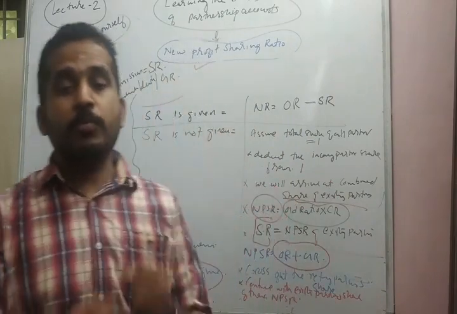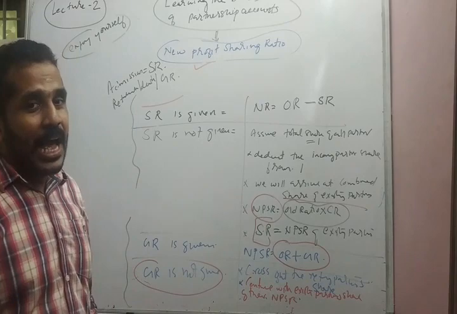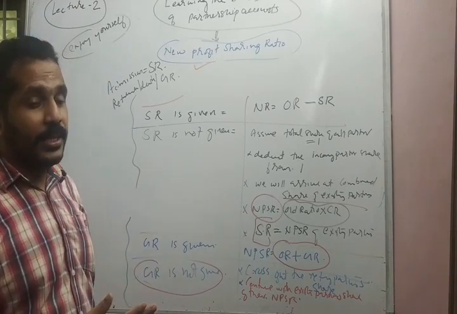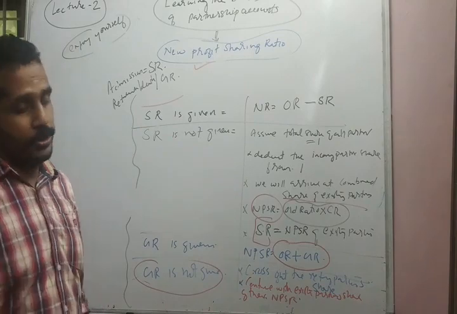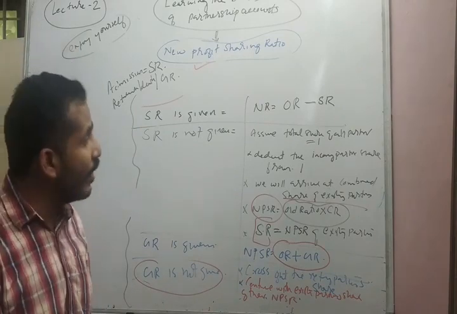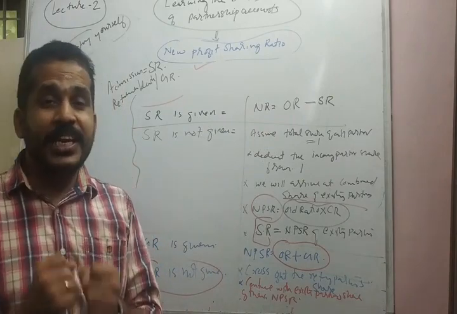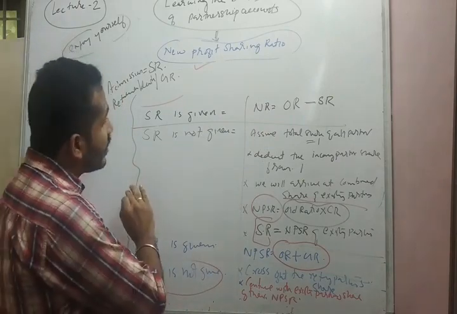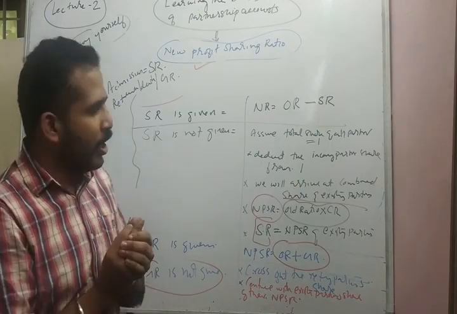And while computing the new profit sharing ratio, sacrificing ratio and gaining ratio, we should analyze, in the case of admission, whether the sacrificing ratio is given or not. If the sacrificing ratio is given, then the new profit sharing ratio is old ratio minus the sacrificing ratio. And if the sacrificing ratio is not given in the question, then there is a formal procedure.